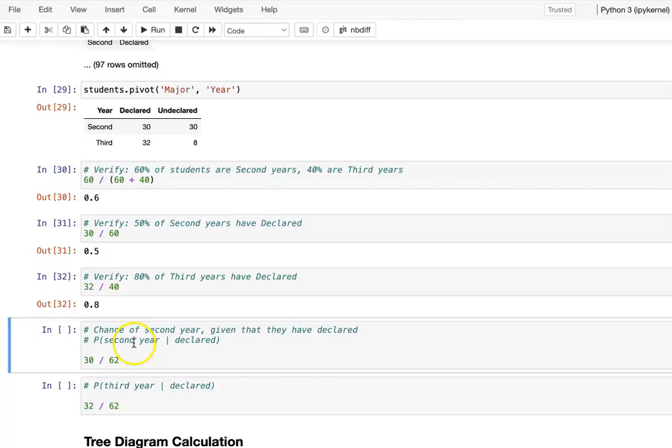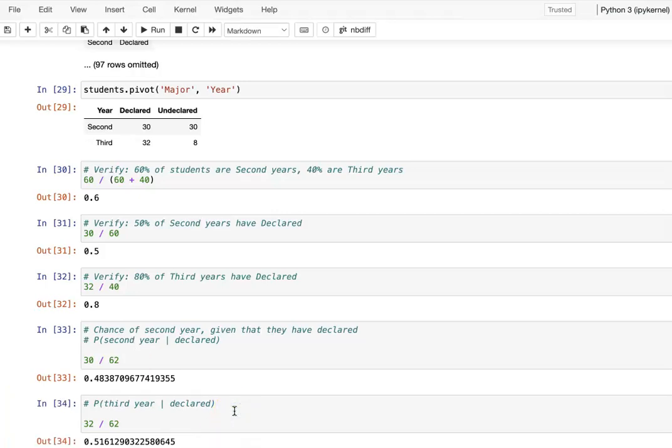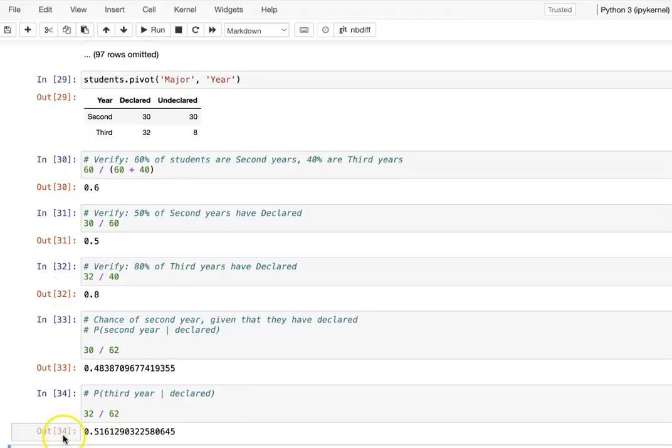If this student is second year, we have 30 out of 62. If the student is third year, we have 32 out of 62. So we can see not only that third year is more likely, but we also know the percentage.